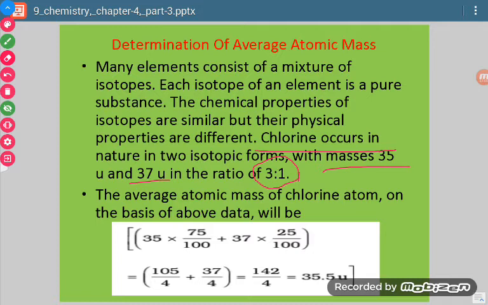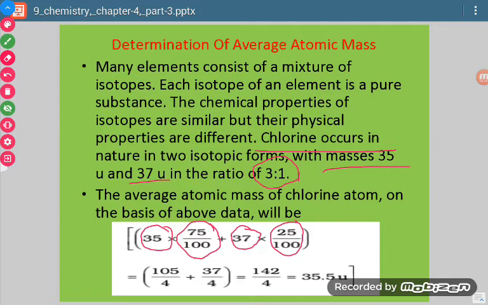So in such a case we have to calculate the average atomic mass. How can we calculate it? We have to multiply the atomic mass with the percentage. So 35 atomic mass has 75% and 37 atomic mass has 25%. We multiply these masses with their individual percentages, add them, and take the average value.